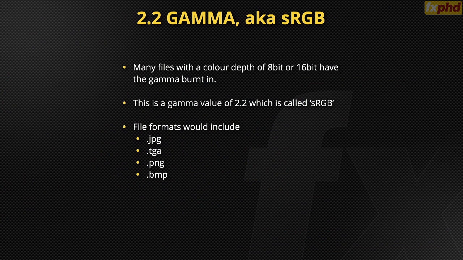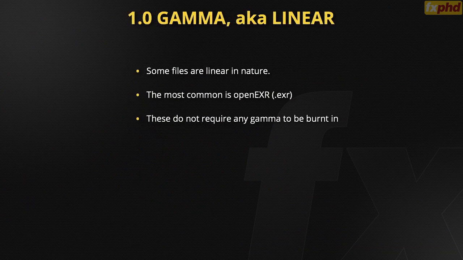Now this can obviously be a problem if we're dealing with a system that may expect the image not to have a 2.2 gamma, or if we give it a file that hasn't got 2.2 gamma correction burnt in. So we've looked at the files that will have it burnt in. What won't have it? Well, one of the key file formats that doesn't have gamma burnt in and remains linear is ILM's OpenEXR format.